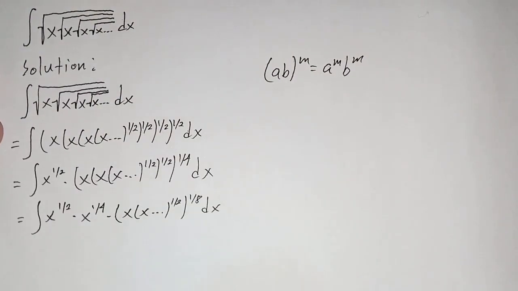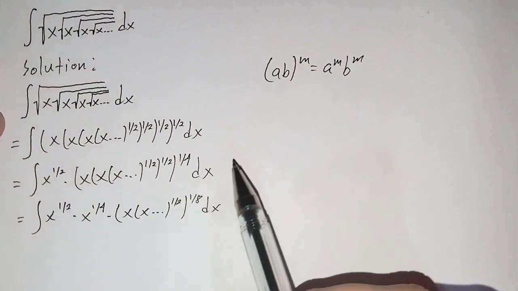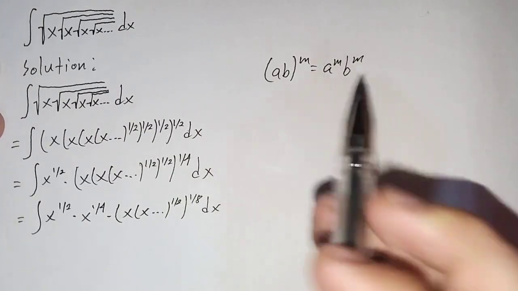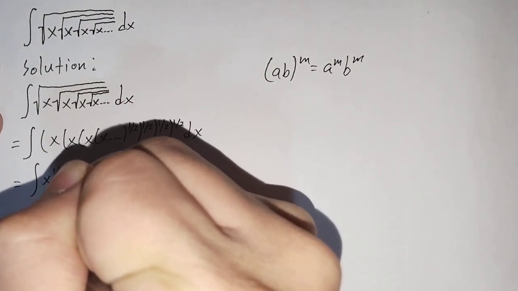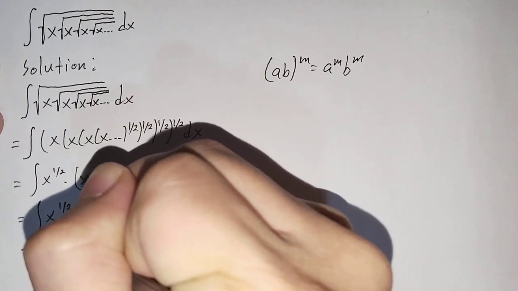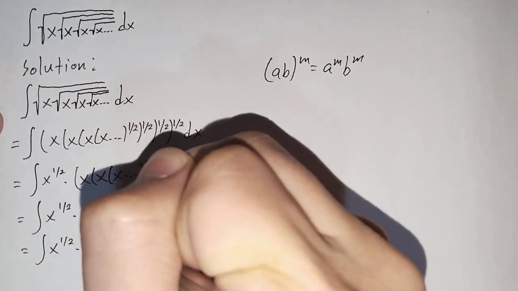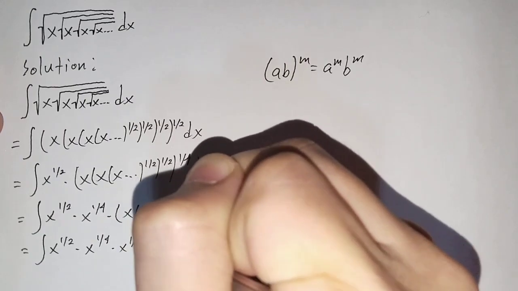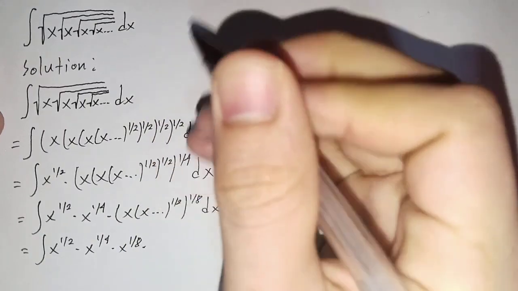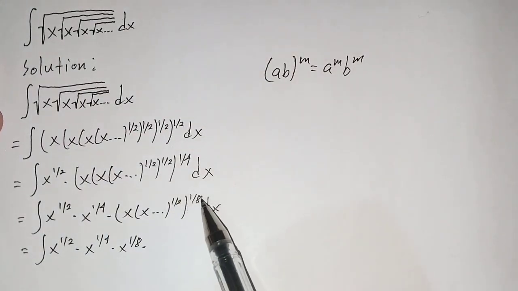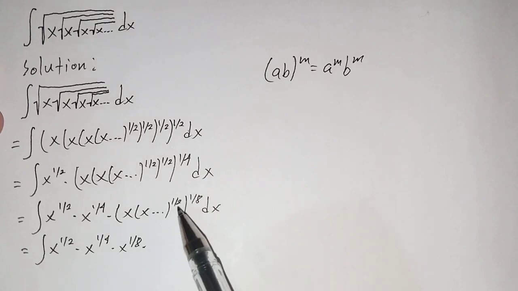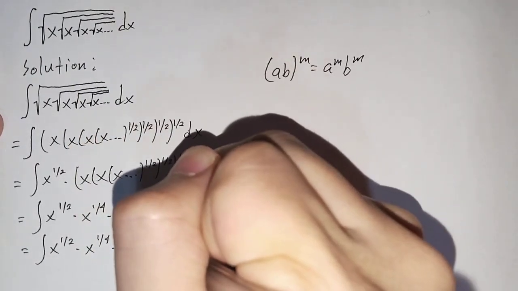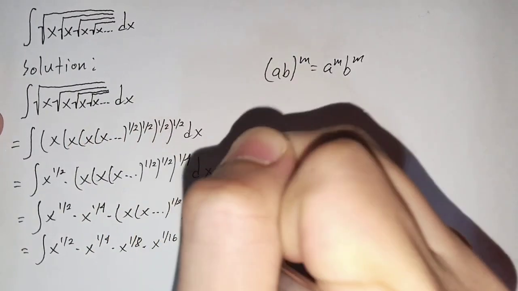Now again, same thing. First term being x and the second term being this infinitely many products. So let's apply this rule again. This would give us the integral of x raised to 1/2 multiplied by x raised to 1/4 multiplied by x raised to 1/8, multiplied by, so 1/8 times 1/2 is 1/16, so x raised to 1/16.